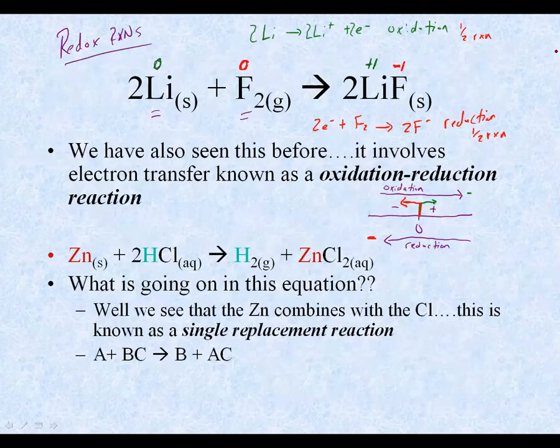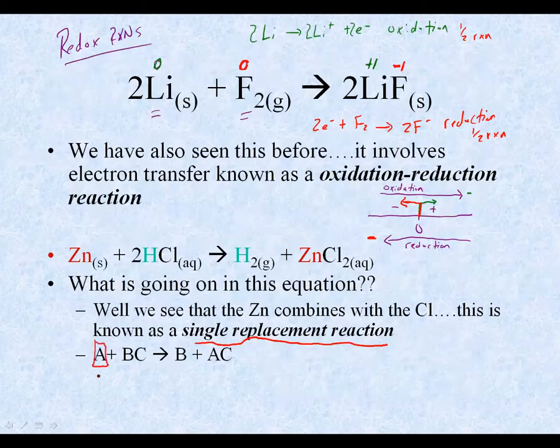Okay, so another type of redox reaction that is classified typically in a different way is what we see on the bottom. This is what is known as a single replacement reaction, which is usually a redox reaction. The way that you could recognize a single replacement reaction is you typically have something by itself over here.